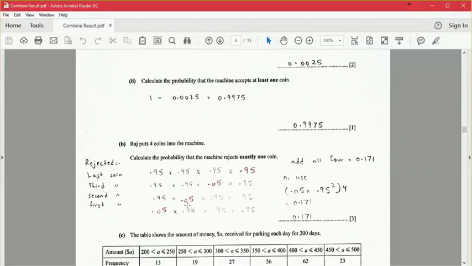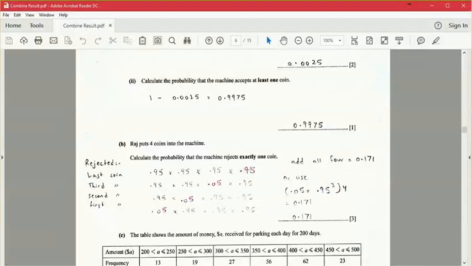So there are 2 methods, or it's only 1 method, but this one is only short. So the rejected coins: first we'll assume that the rejected coin is the last one, so 0.95 times 0.95 times 0.95 times 0.05.